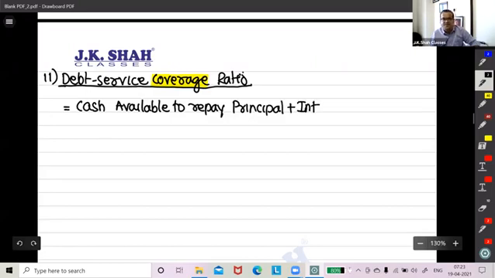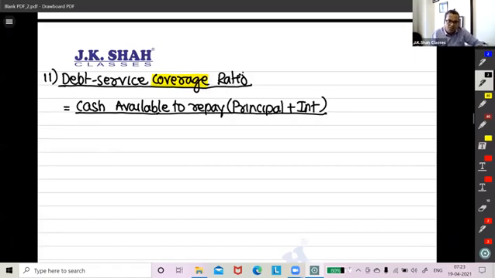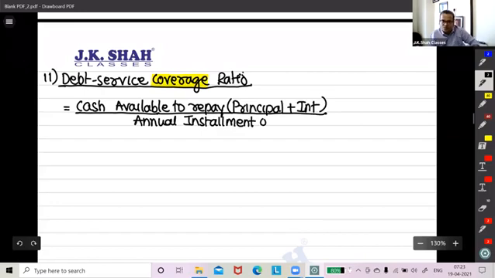Principal plus interest, the installment, upon the annual installment of the loan, obviously. People, see, this also should be higher the better, right? Cash available to repay both principal plus interest means only the installment of the loan, right? Divided by the annual installment.